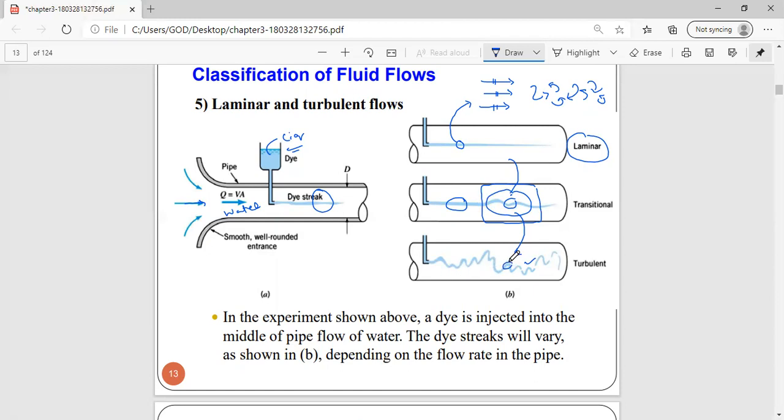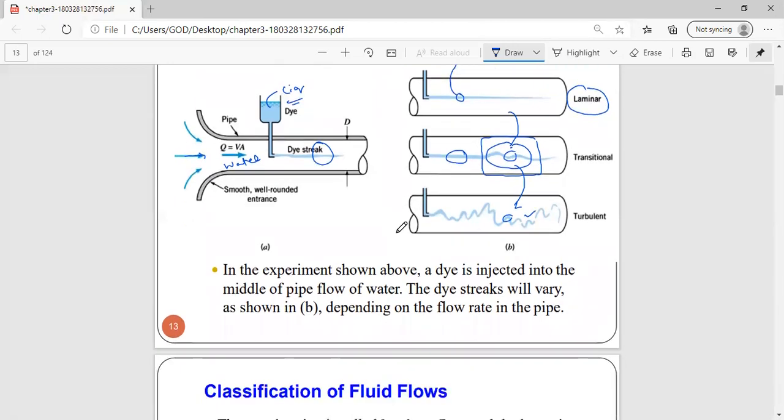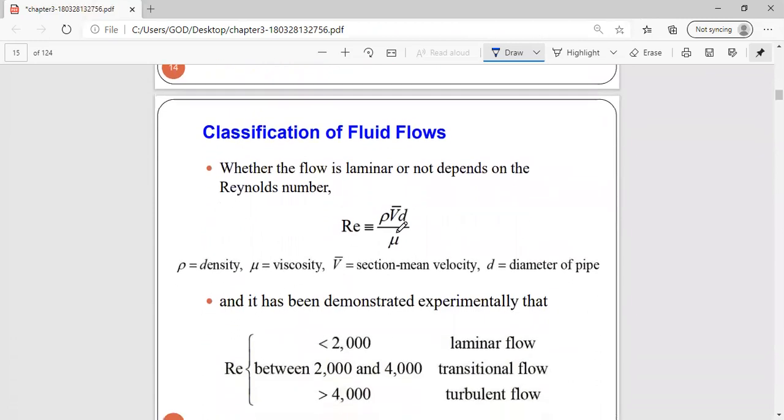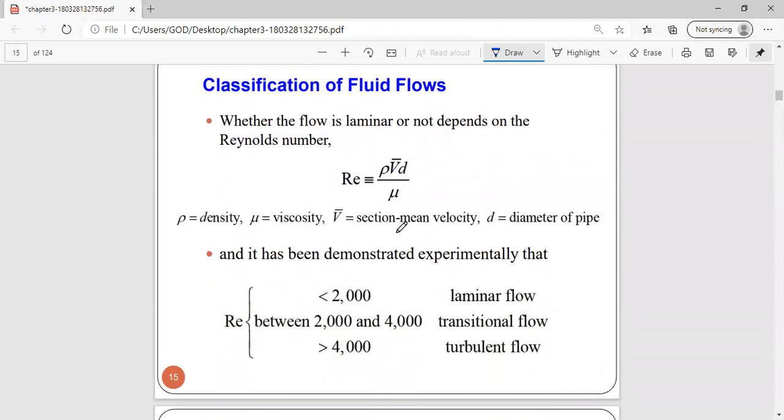If you take a small portion of a turbulent flow, it looks like a transition. How can we decide? For that, a person named Reynolds derived a dimensionless number called the Reynolds number. By using Reynolds number in a closed conduit flow, we define laminar, turbulent and transition flow.